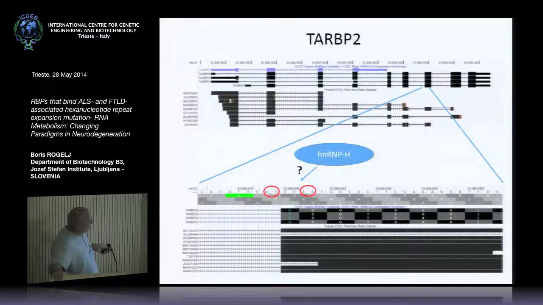There's 6 Gs in a region of 8 nucleotides. So the question here is just hypothetical. We don't have any data proving it. Does hnRNP-H bind here, or is either knockdown or sequestration of hnRNP-H the cause of this 4-nucleotide reduction, or expression of this exon that is 4 nucleotides shorter?